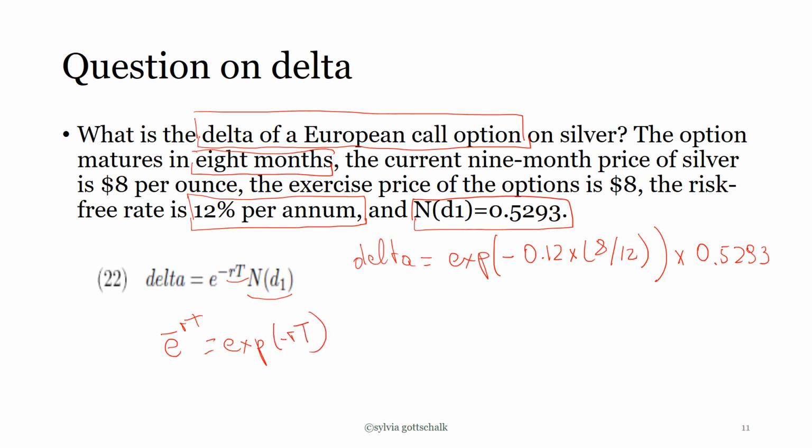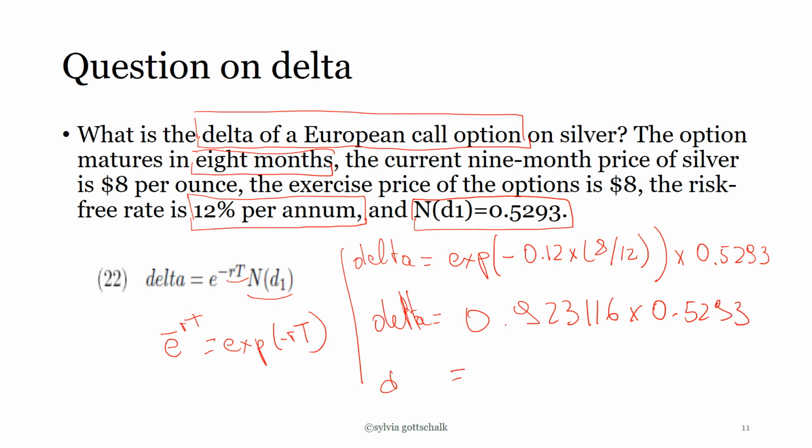So delta is equal to 0.923116 times 0.5293.